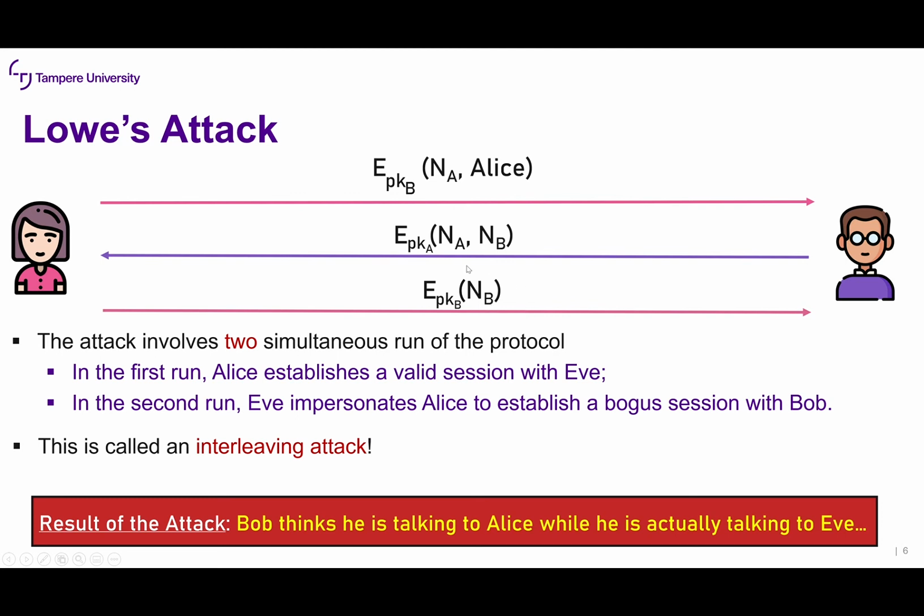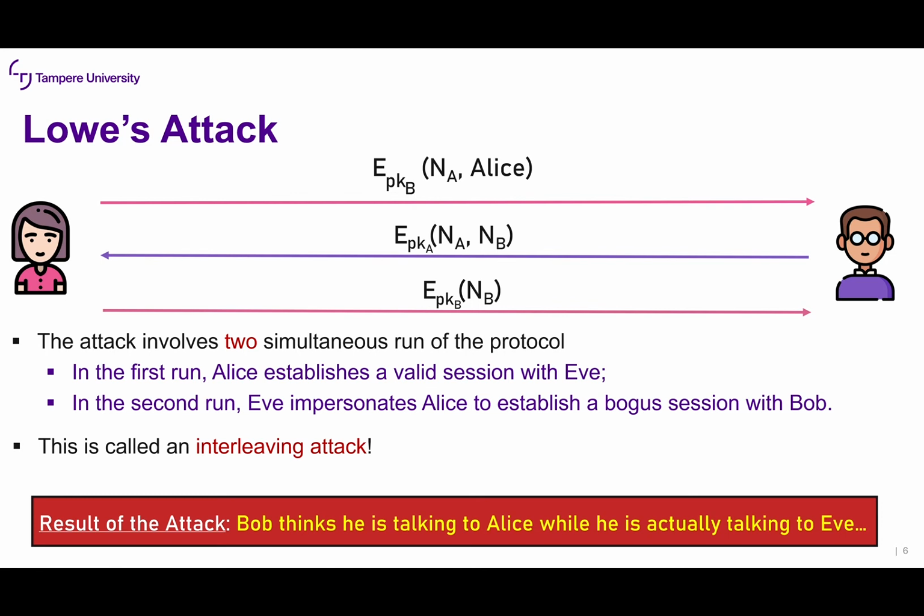If Bob managed to receive a valid encrypted version of NB, of the nonce that he sent earlier to Alice, and that nonce was encrypted with Alice's public key, then Bob would be sure that Eve is Alice, because this nonce was encrypted with Alice's public key, and only Alice has access to SK of A, right? Therefore, Bob would be fooled and believe that he's talking to Alice while he would talk to Eve.